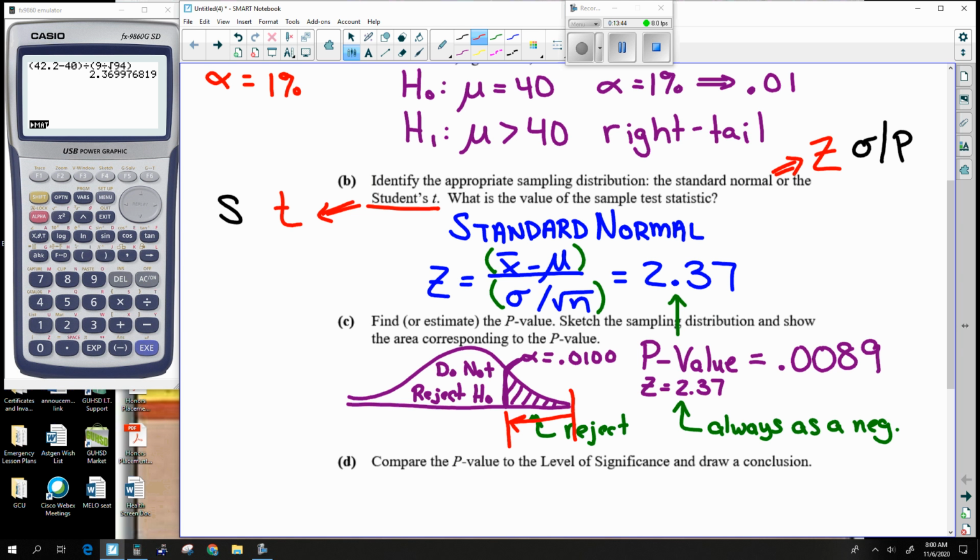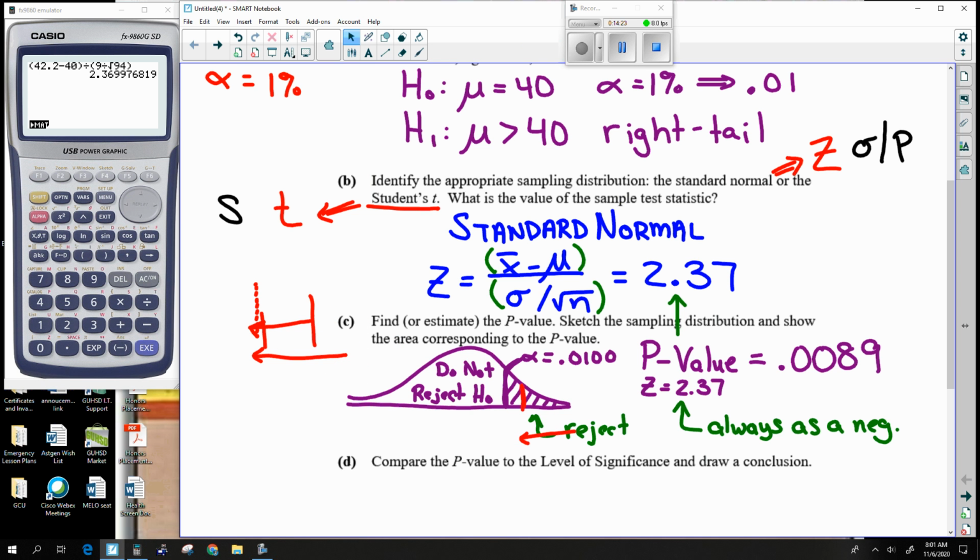Now, if I were to put my p-value, which is 0.0089, from the edge, same idea, would it be bigger than or smaller than the alpha? Like, would the distance be large enough to get over here to fall in this do not reject zone? Or is it too short and falls into this rejection zone? That's the question, and that's what you have to do to be able to decipher this problem.